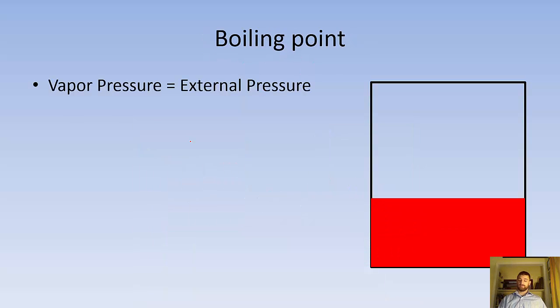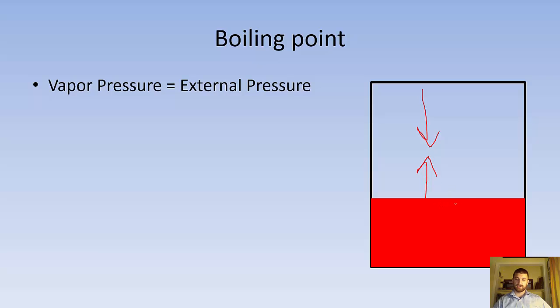Now boiling points are pretty cool. Boiling points happen when vapor pressure is equal to the external pressure. So here we have a certain amount of pressure from those particles becoming vapor, and we also have the external pressure. The way I think of it is kind of like a push and shove match, right?